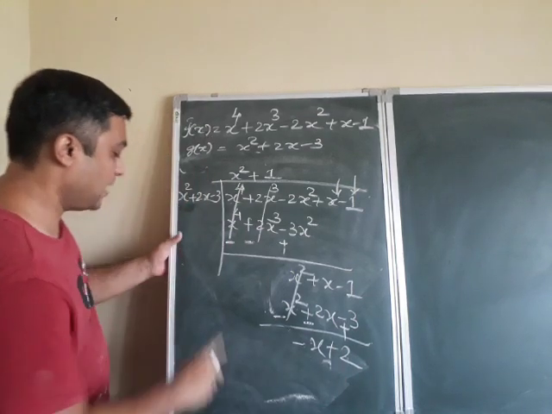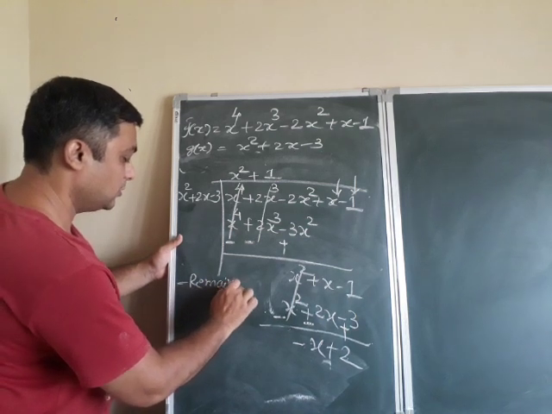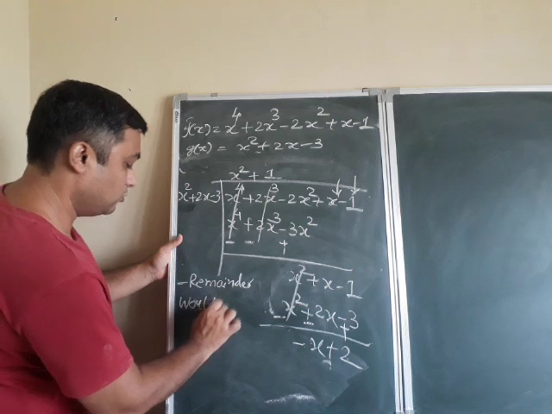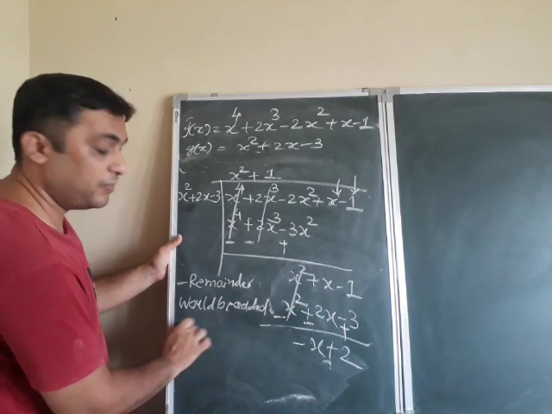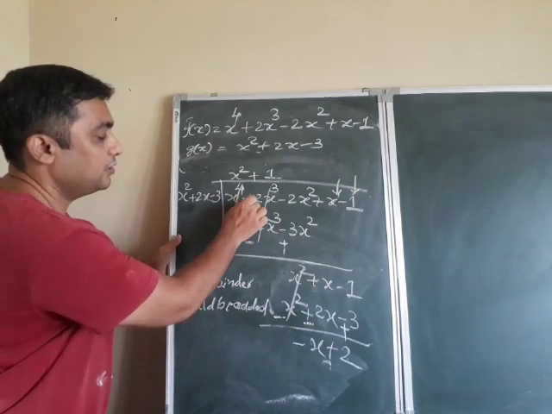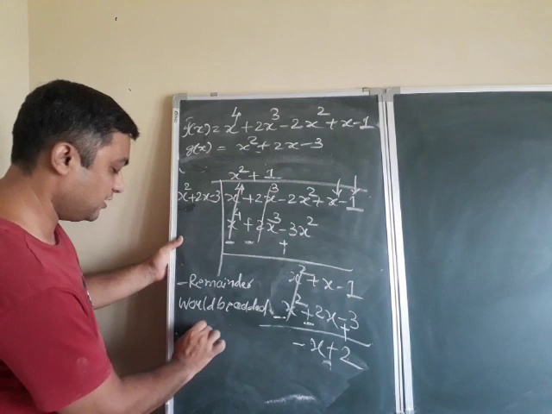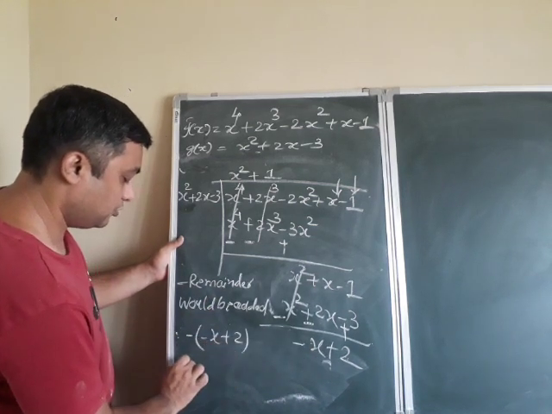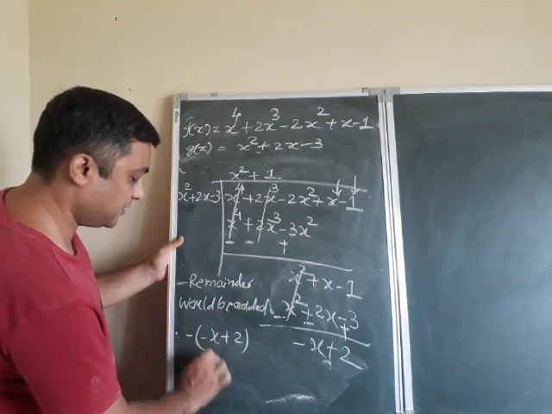Minus remainder would be added to make p of x divisible by divisor. Therefore, minus in bracket minus x plus 2. Therefore, x minus 2.